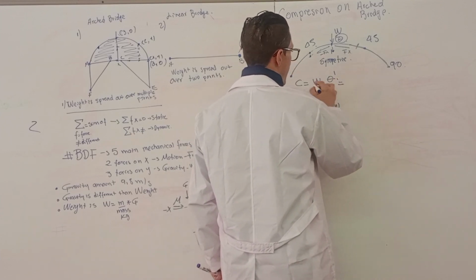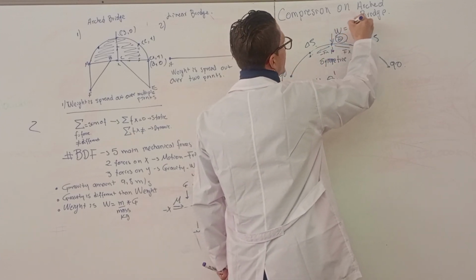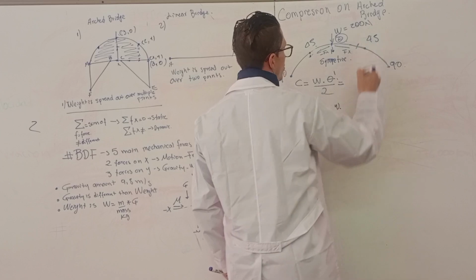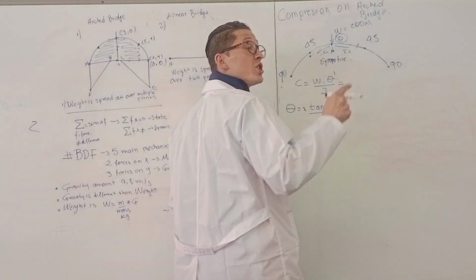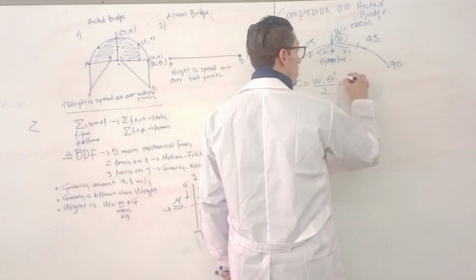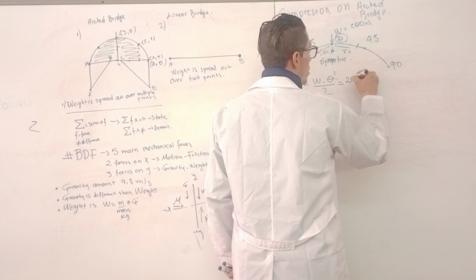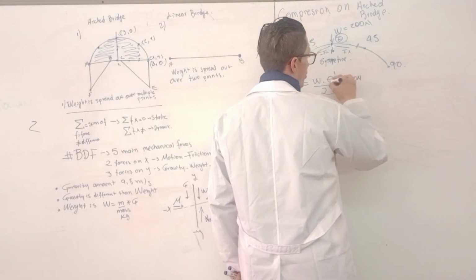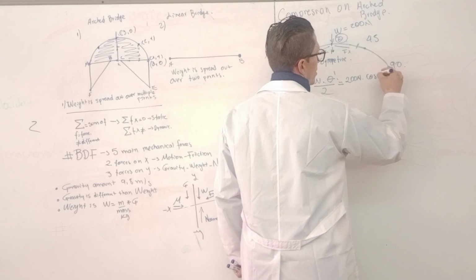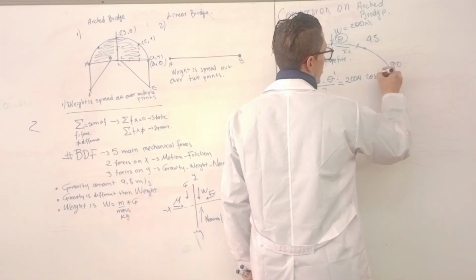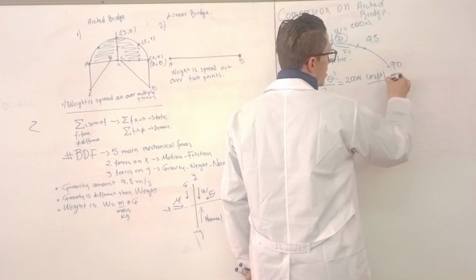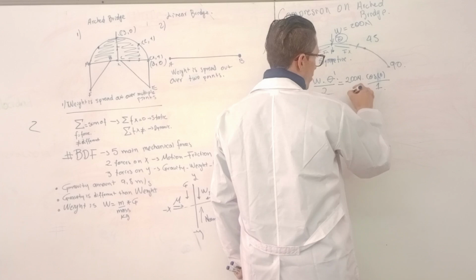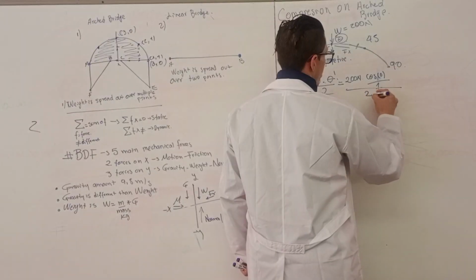Then here, the weight is, for instance, 200 Newton. The compression on that point will be 200 Newton by cosine of theta, 0. Cosine of 0 is 1, divided by 2.